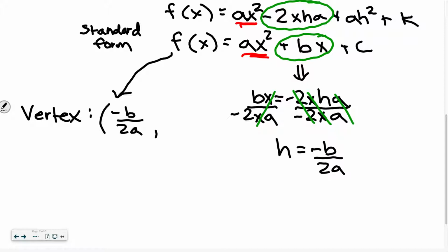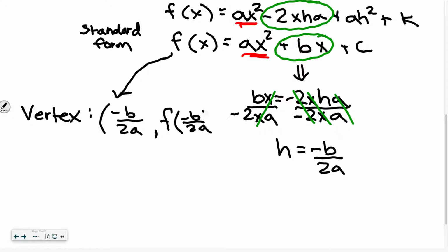How would you do that? Substitute, right? If you know x, how do you find y? You just plug it in and work it out. Are we okay with that? I'm getting a lot of people who aren't even looking at me, so I just want to make sure we're okay. We're okay? Okay. If you know x is the opposite of b over 2a, just plug that in and you'll have y.